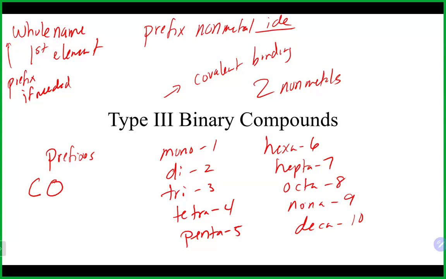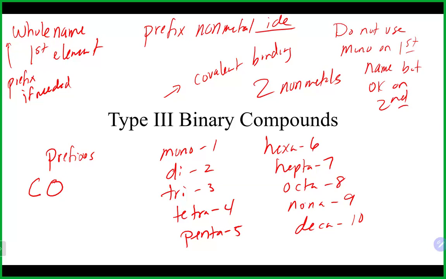Now, there is also a really important rule, which is we do not use mono on the first name, but it's okay on the second. So you don't use mono on the first name, but you can use mono on the second name.